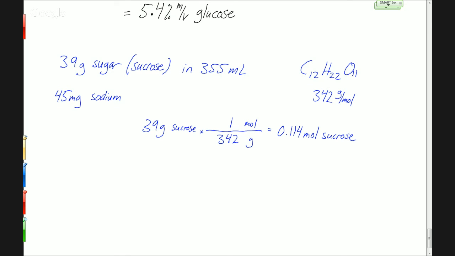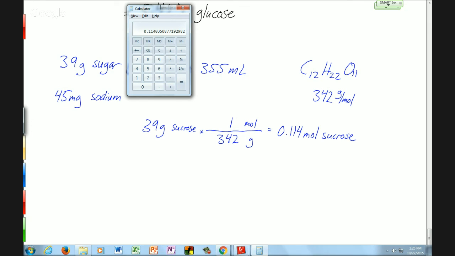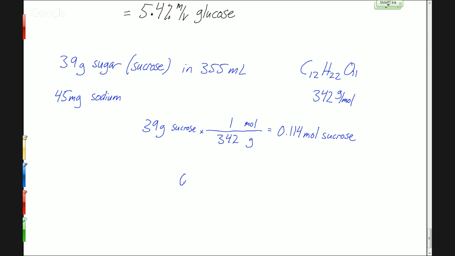And it's 355 milliliters, so that's 0.114 divided by 0.355. That's about 0.32 molar. So that's also over the isotonic concentration, especially if you factor in some sodium and some other stuff dissolved as well. So don't put Coke directly into your blood.